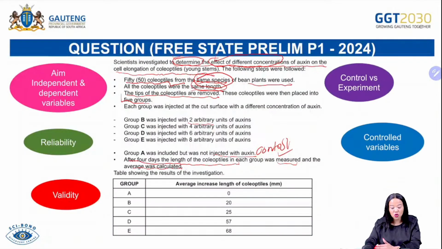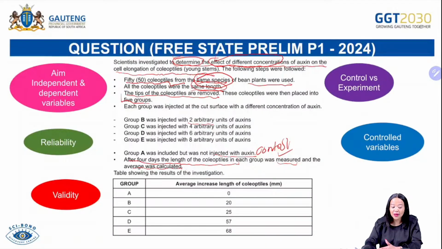Then we spoke of control variables here. And remember, grade 12, if the question asks you to state 2 variables that were controlled, you are going to say the species were controlled, because by saying control variables, we are saying they are the same. And also the same length of the coleoptiles.